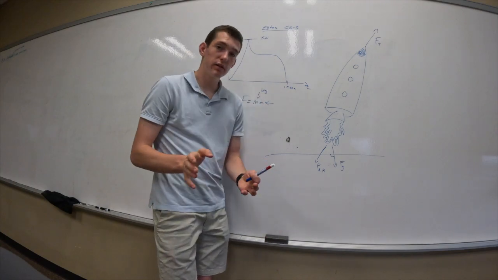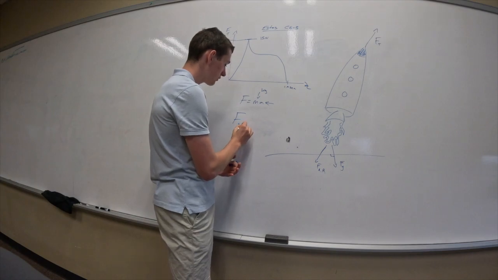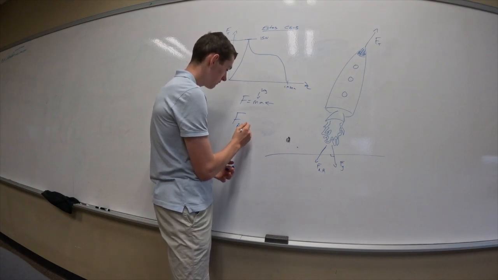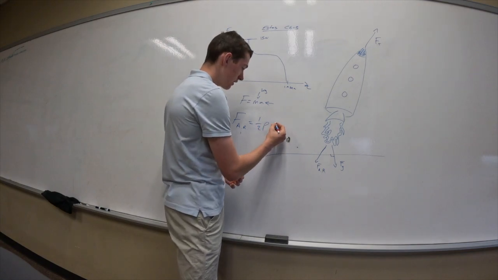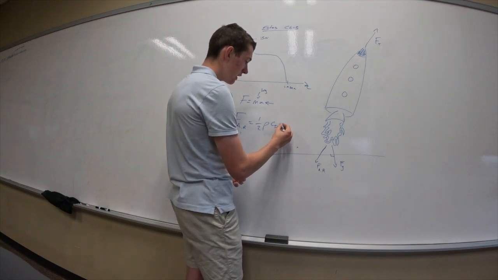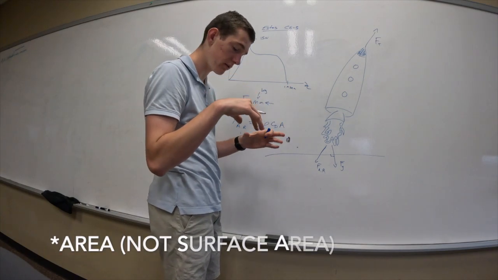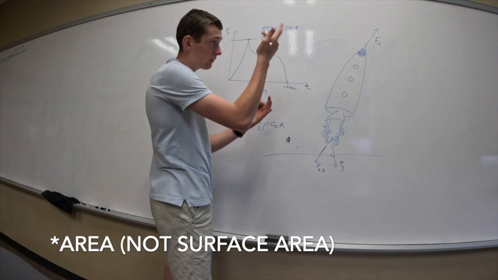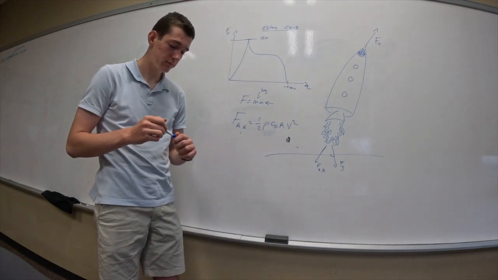So force of air resistance is defined, according to Wikipedia and many other resources, as 1/2 density, coefficient of drag, area in contact with air, the surface area from a bird's eye view of the rocket, multiplied by velocity squared.